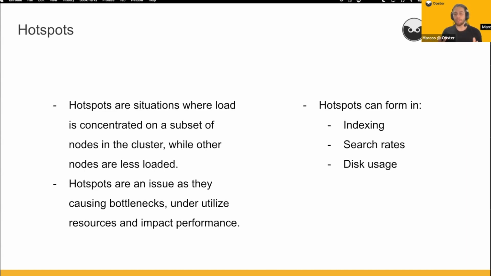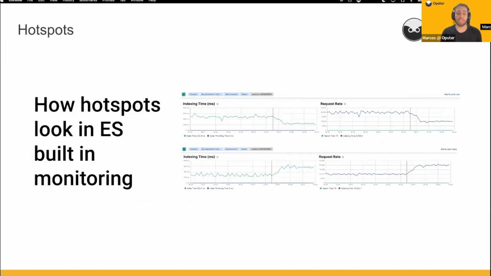That happens because all the resources are interconnected. So if the node is missing memory for the indexing buffer, for example, the JVM will start to trigger a lot of garbage collection, which will increase the load and CPU usage. But the problem is not exactly the CPU or the garbage collector, just to mention an example here.